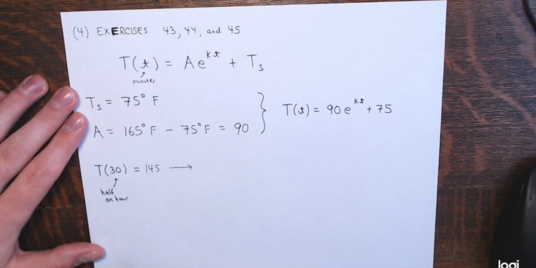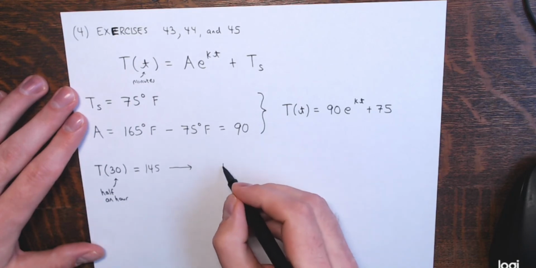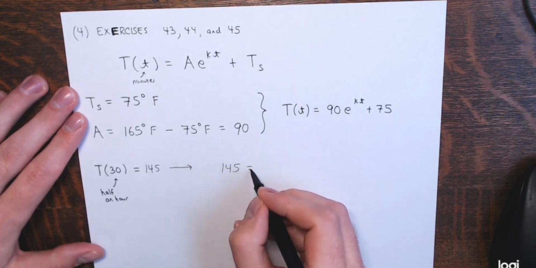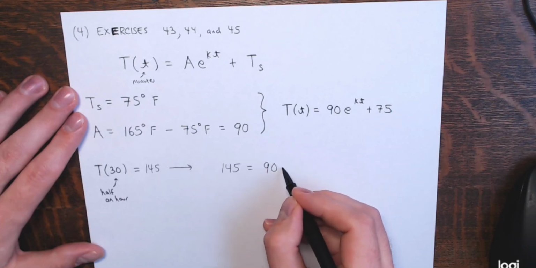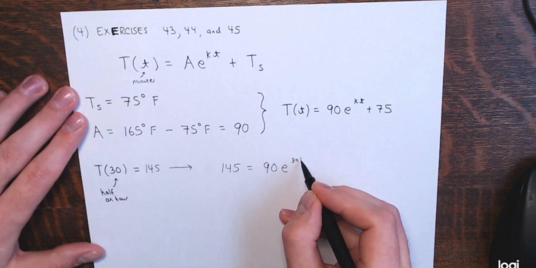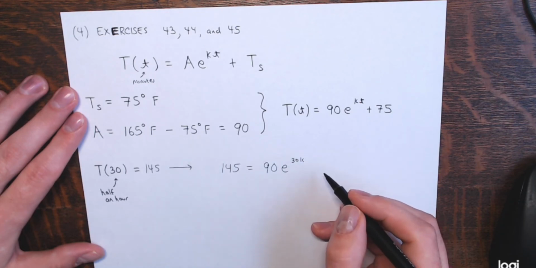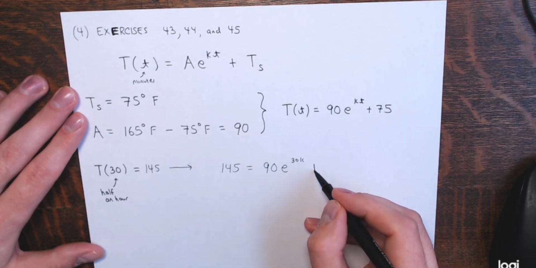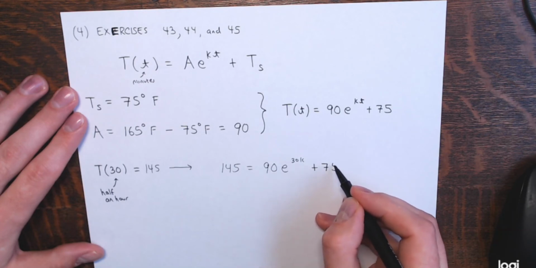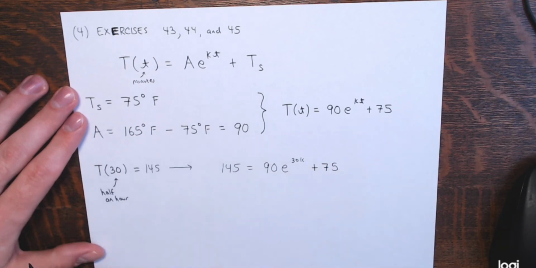So I got 145 on the left equals 90 times e to the 30k plus 75. Just replacing t with 30 minutes, since I'm doing time in minutes.